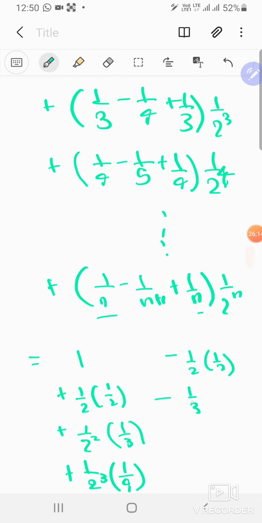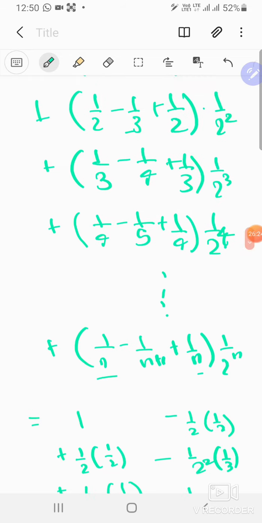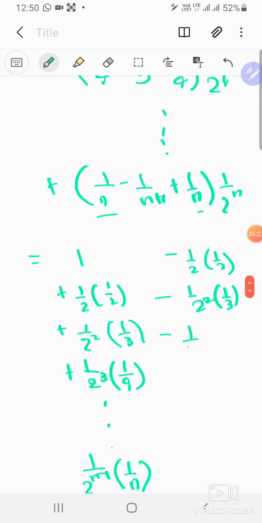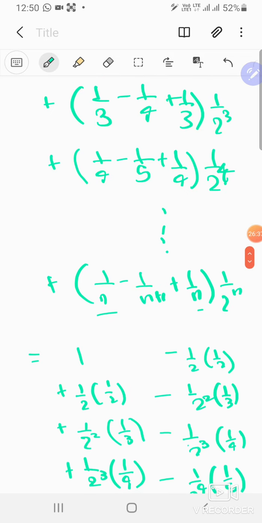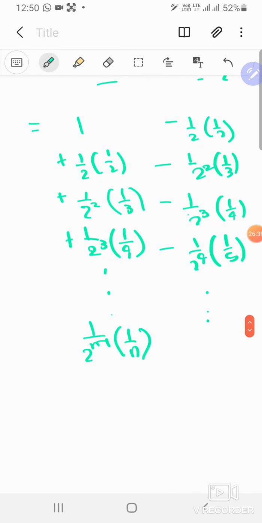It will be better to write 1 by 2 squared into 1 by 3, then minus 1 upon 2 cubed into 1 upon 4, and you can see what's going on. These are supposed to be telescoping. So 1 upon 2 power 4 into 1 upon 5, and it will keep on going like that till we eventually get 1 upon n plus 1.